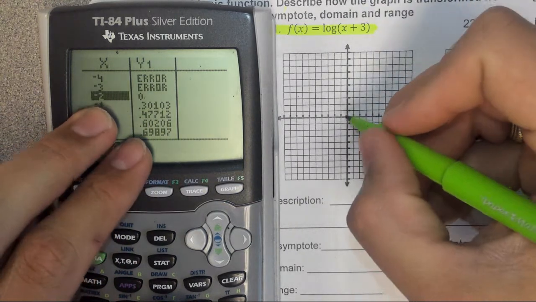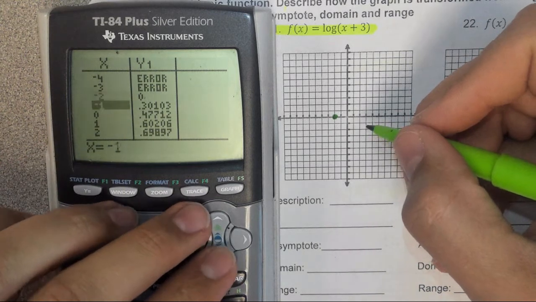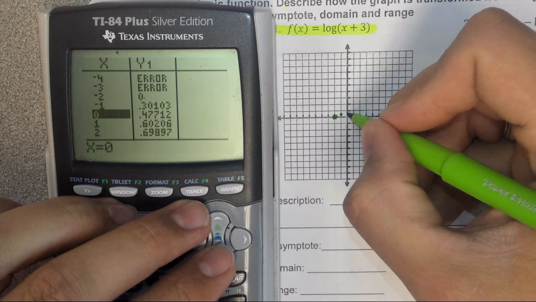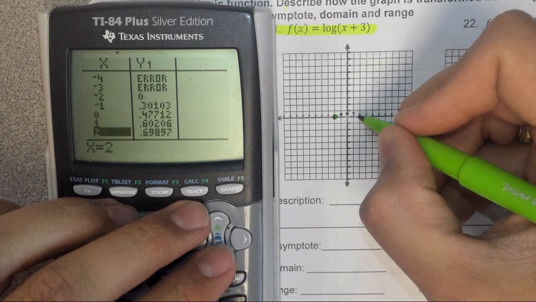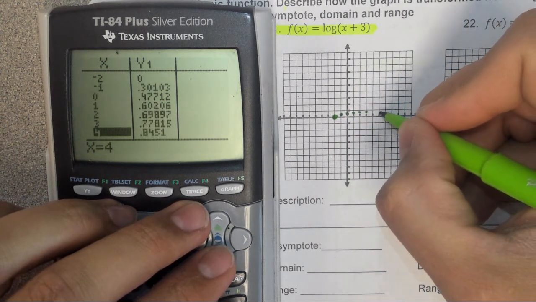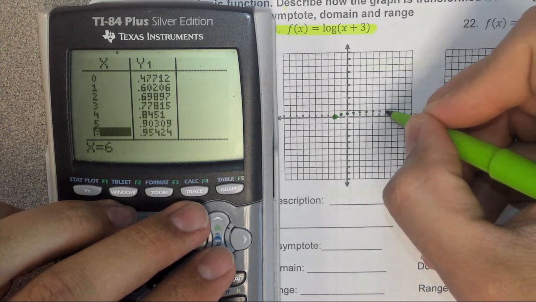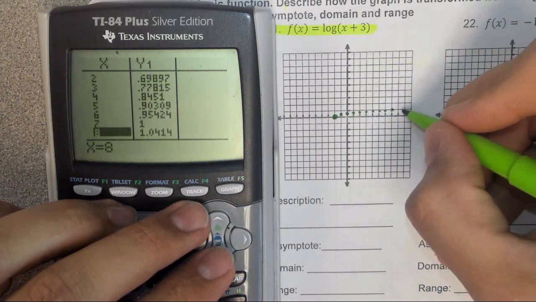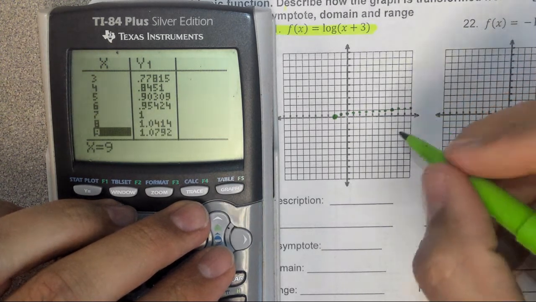Negative 2, 0, negative 1.3, about a half at 0, a little over a half at 1, 2 a little bit more, 3 a little bit more, about 3/4, 4 is up there, 5 is even closer, 6 is closer yet, 7 we actually hit 1, and then we're just a little bit above the line like that.